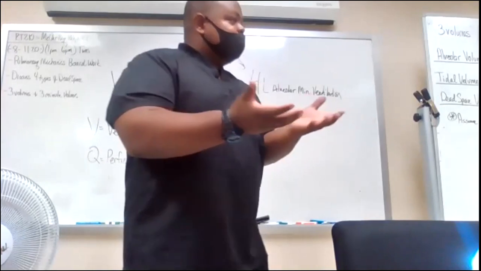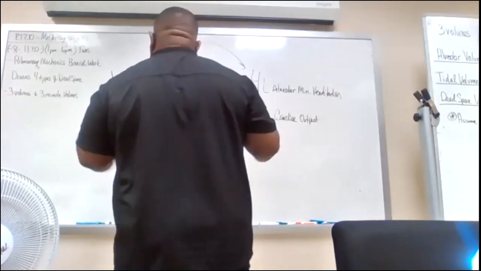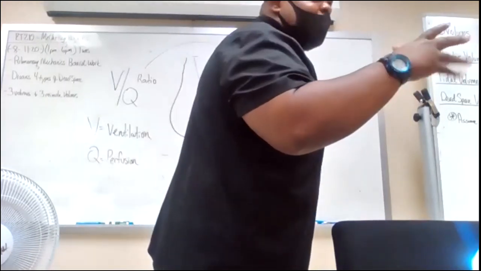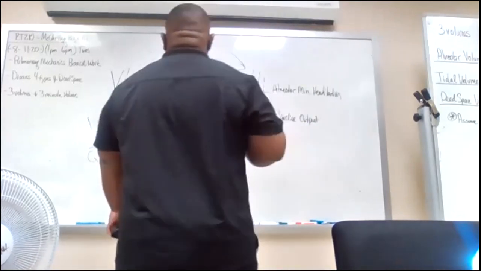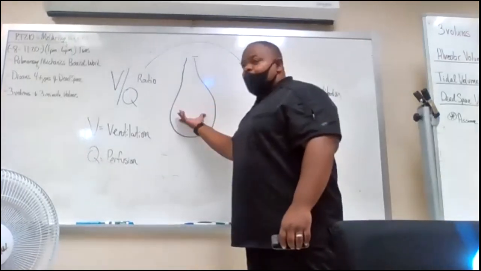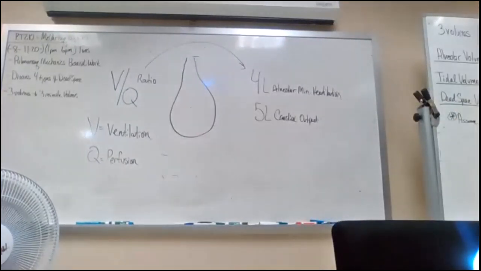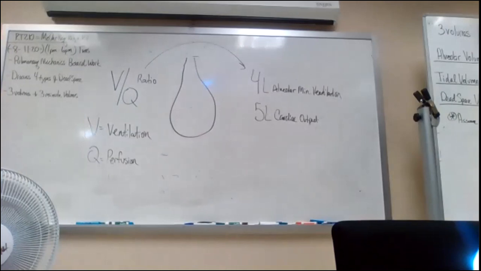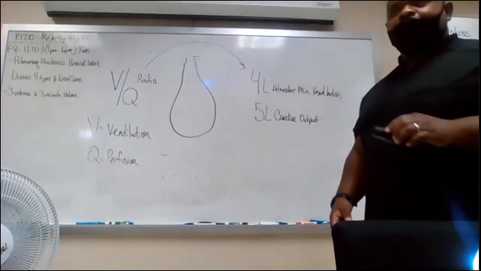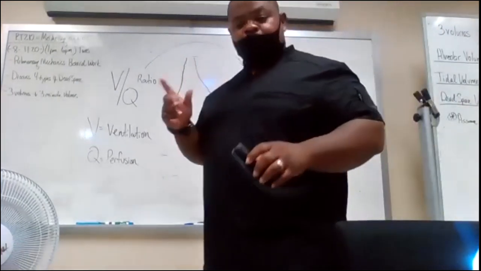This is how we find out where we have a problem, when we have what's called a VQ mismatch. It isn't matching like it should. I already told you that if I have volume but no blood, that's called what? Having volume in excess of perfusion is called what?